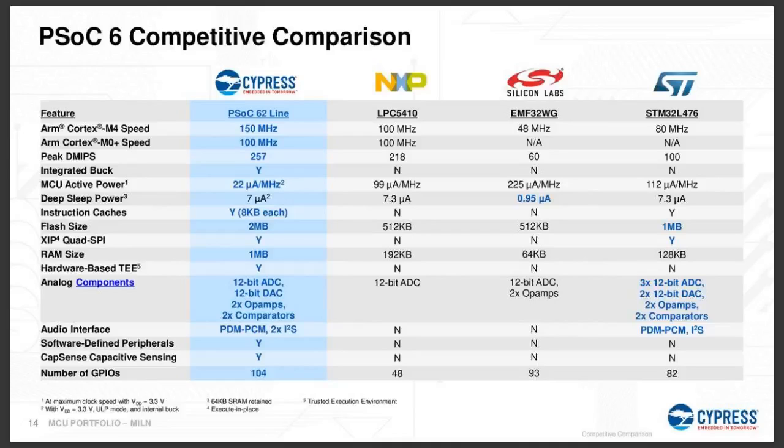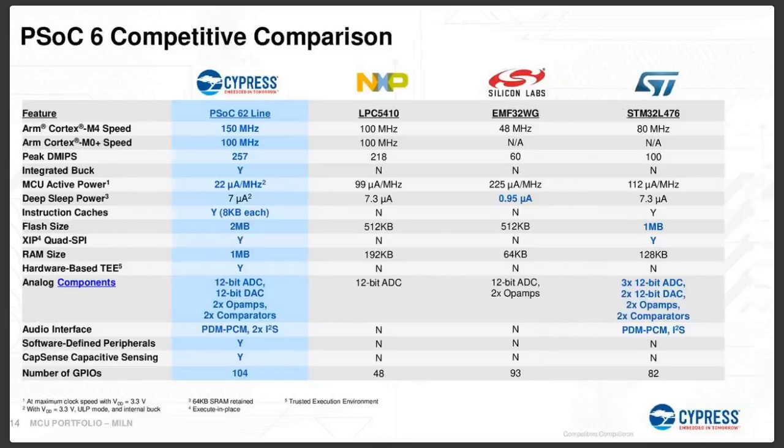So it's more than just a processor, but we are very, very low power and one of the best in terms of active low power. Again, there are the analog components as you see down there. There's that hardware-based security, which very few other processors have the equivalent of. So we really compete against other processors very, very well with the PSoC 6.